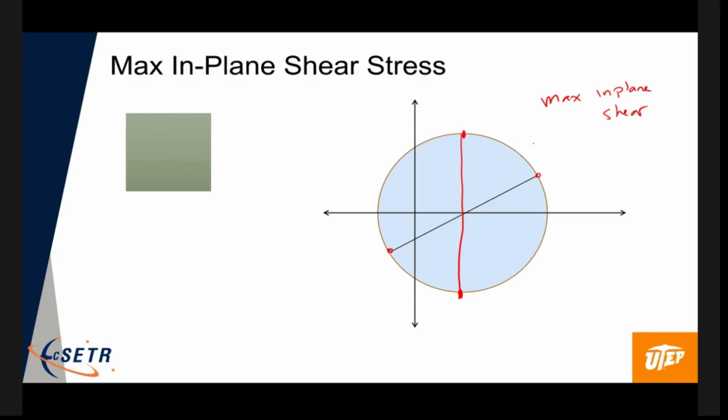All right. Now, in this particular state, this is if we rotate 2 theta shear. What you're going to see here is we get tau max. Tau max. And what's that going to equal? That is just the radius of the circle, okay?